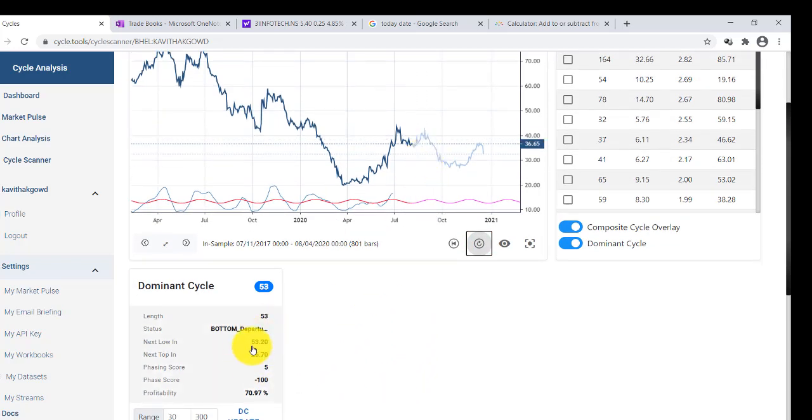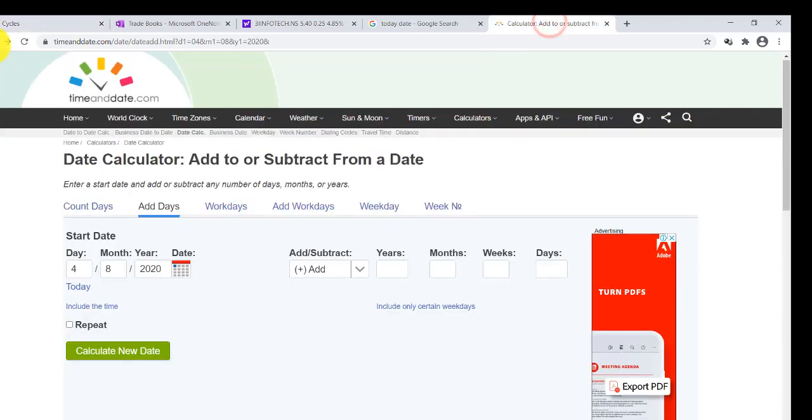Bottom departure and next low in 53 days, that is December 9th we have seen, and next top this is 26, and these are the phase scores.